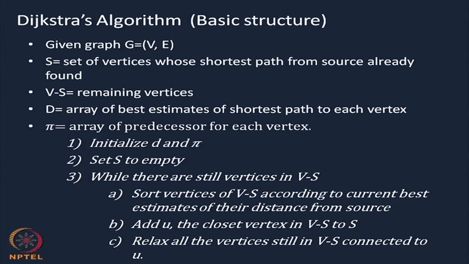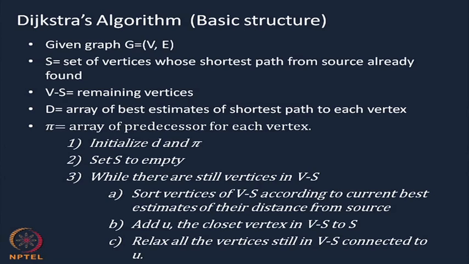So, initially what you are doing, I have numbered 1, 2, 3 like this. You have to initialize your distance and the predecessor, that is, you initialize d and pi. Then the set S, which will contain the finished vertices, is initially empty.